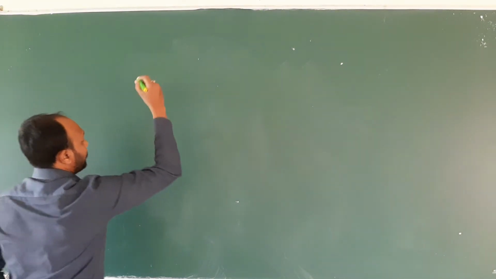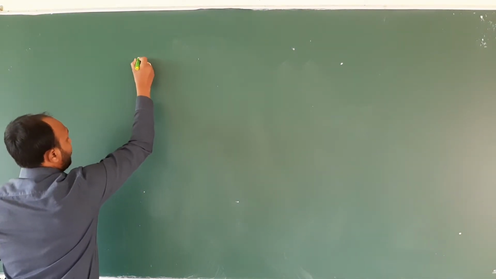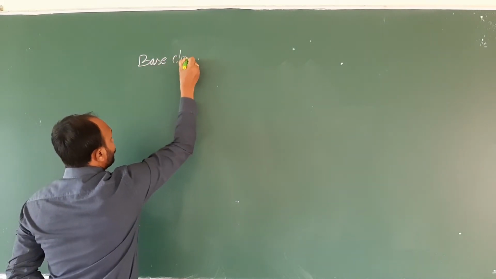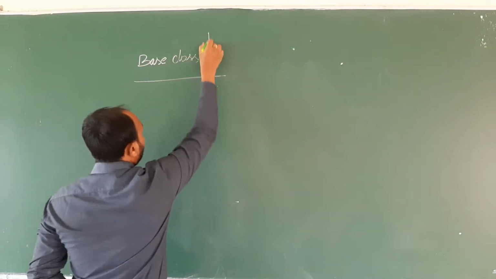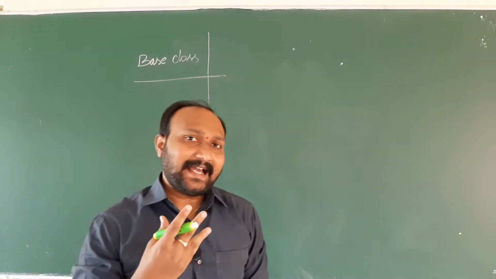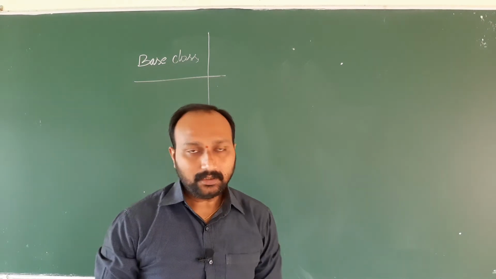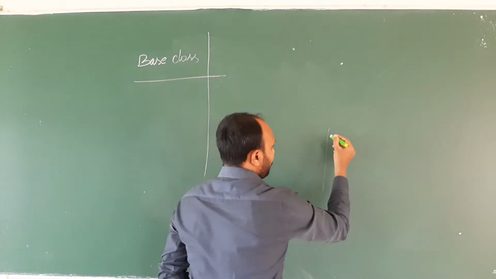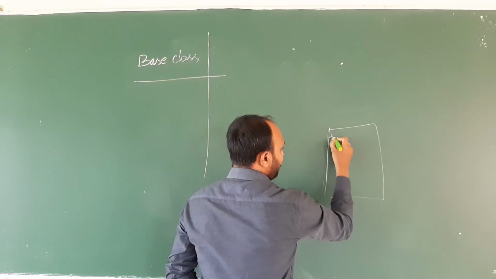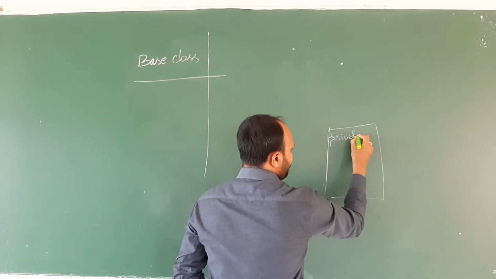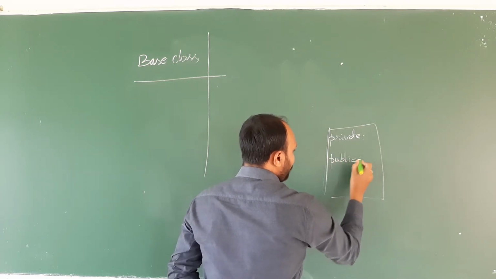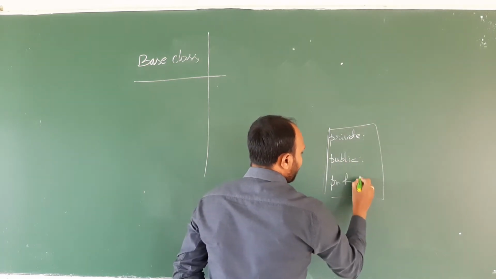Please notice here. A base class, as you are already aware, will have 3 access specifiers. Within a class, we will be housing the data. The data can be kept either in private access specifier, or in public access specifier, or in protected access specifier.